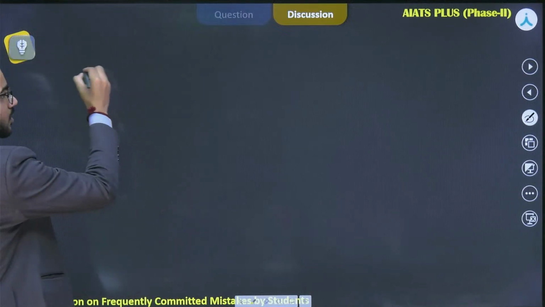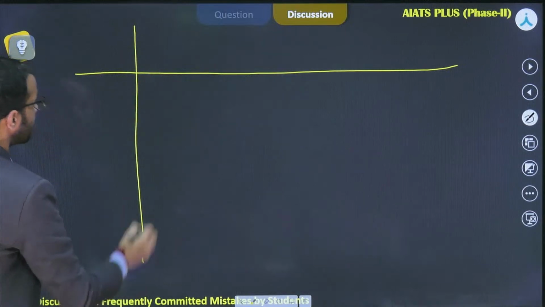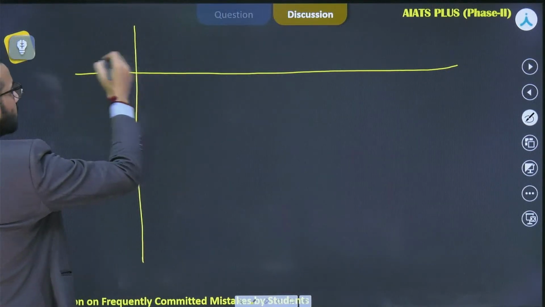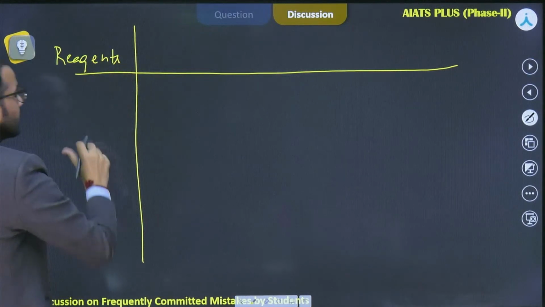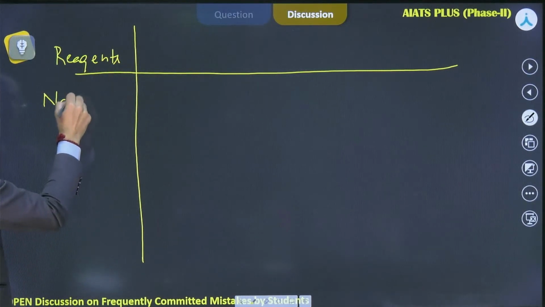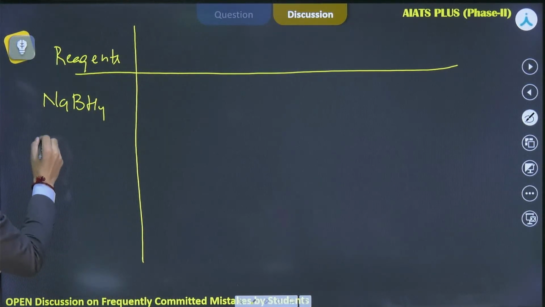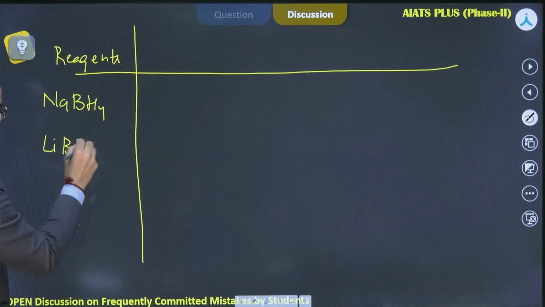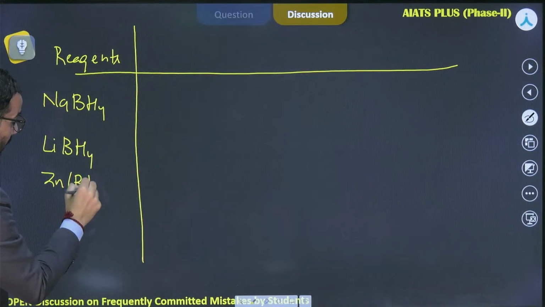Let us see. You have reagents in that portion. Let us say you have NaBH4. The next reagent is LiBH4. The next one is ZnBH4.